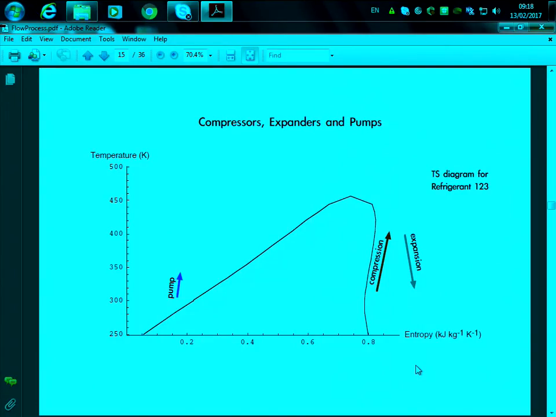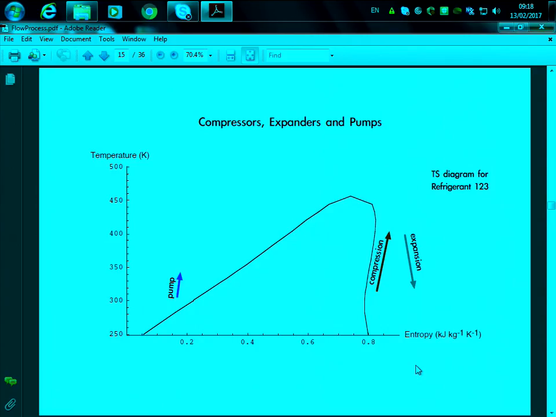And this is just one of the diagrams that is used to express this type of change. Here we are looking at these processes using this curve, which gives us the phases of a fluid. But actually we can use other types of charts. There are thousands of charts that we can use in order to explain a compression or expansion process.